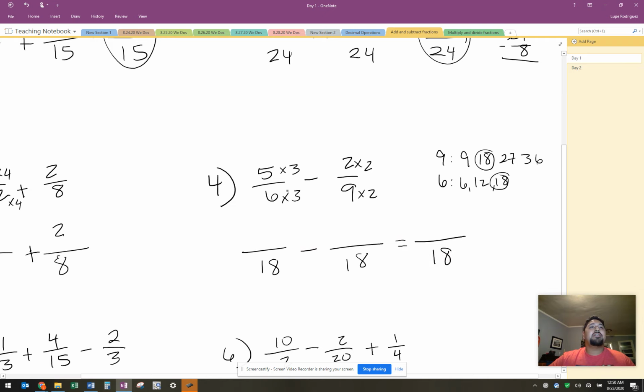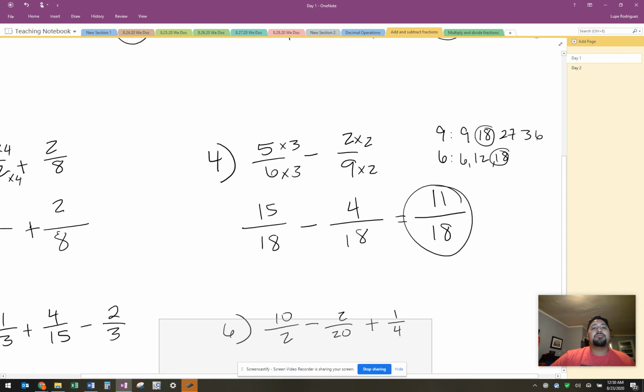So now I'm going to set up this first fraction, which is 5 times 3, which is 15/18ths, minus 2 times 2, which is 4, so 4/18ths. We're going to get 15 minus 4, so 15, 14, 13, 12, 11. So it's going to be 11/18ths is my answer.